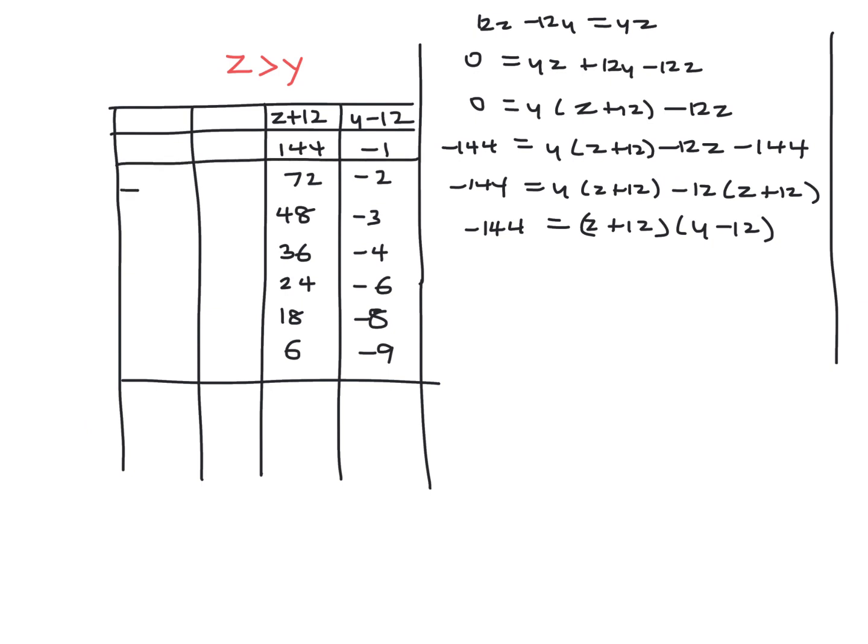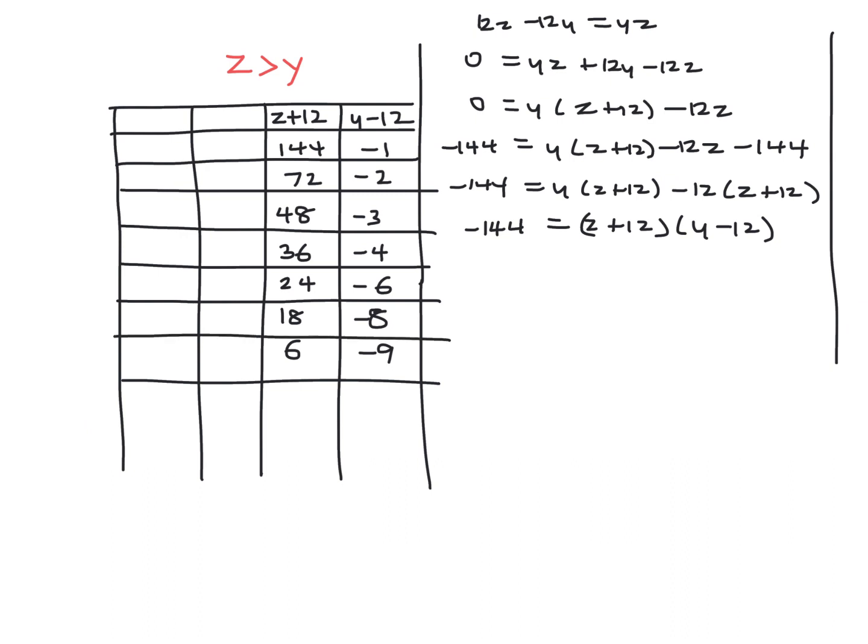Okay, so now all we have to do is figure out what is the value for z and what is the value for y. So same thing, right? If z plus 12 is 144, that means z is 132, and if y minus 12 is minus 1, then y is 11, and so on. So you just fill these in. 36 and 9, 24 and 8, 12 and 6, 6 and 4, and finally 1 and... hold on.